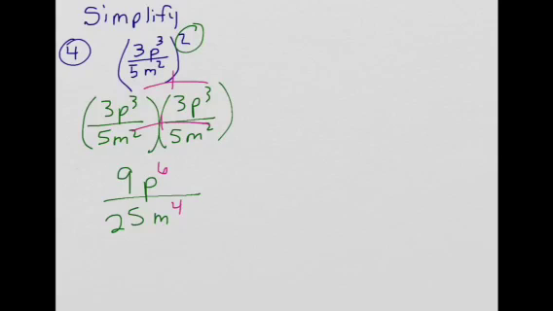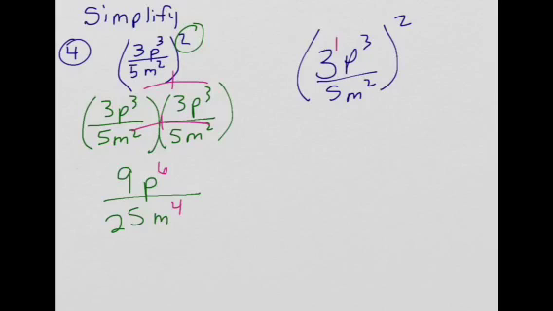Now if we want to use the shortcut method, that's going to look like this. We have 3p cubed divided by 5m squared raised to the 2nd power. So what we're going to do is put in the exponents that are not showing. Now when we raise a power to a power, we multiply.